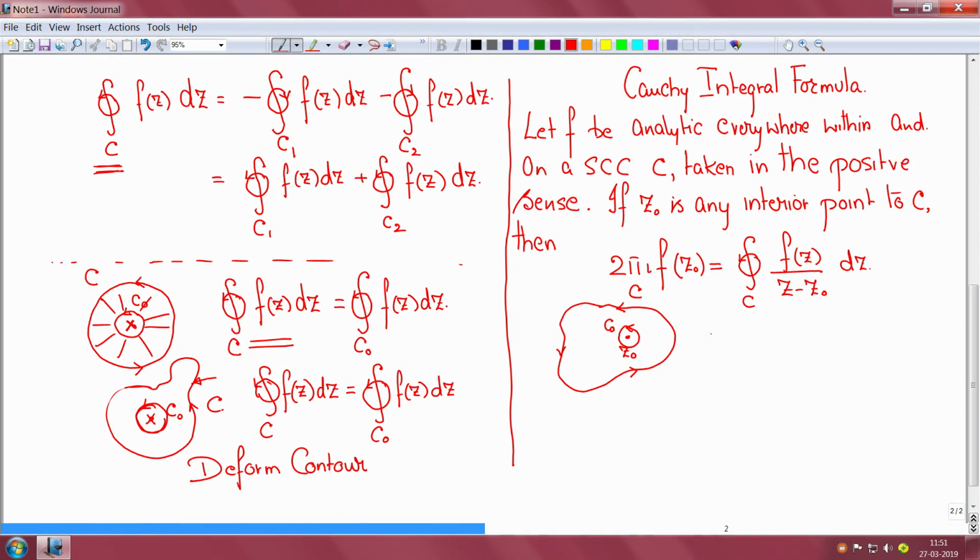So, now from what we have seen previously, our function f of z is analytic everywhere on C, on C0 and in the in between region.